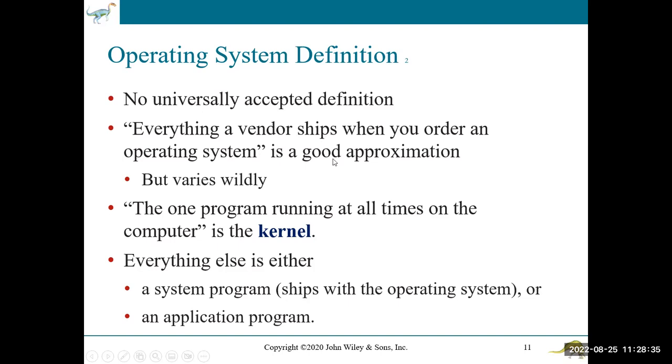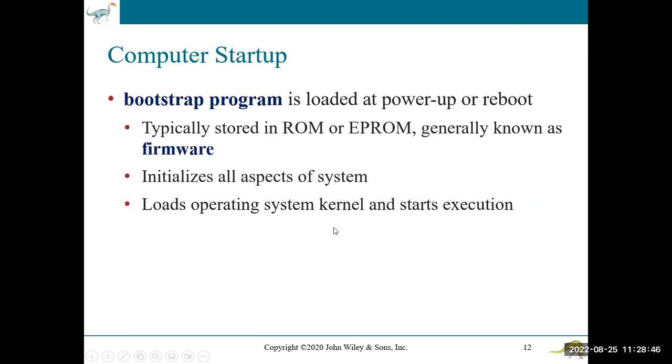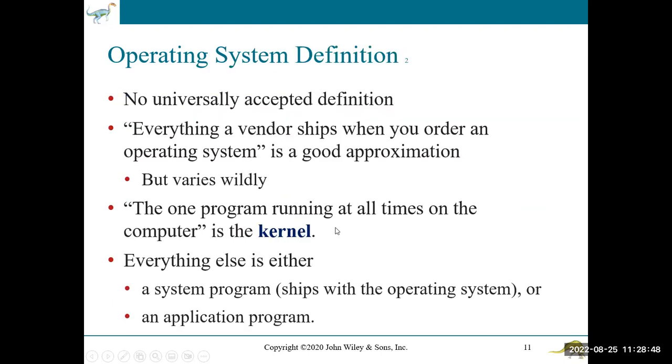Everything a vendor ships when you order an operating system is a good approximation. Again, don't forget Gaddis includes things like the development environment and the operating system utilities and so on. You always have something running under the hood when an operating system is loaded, when a system boots.